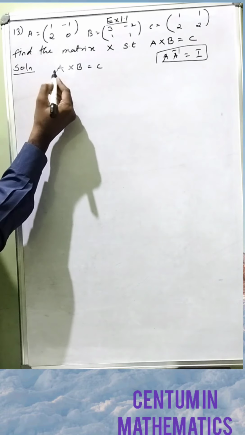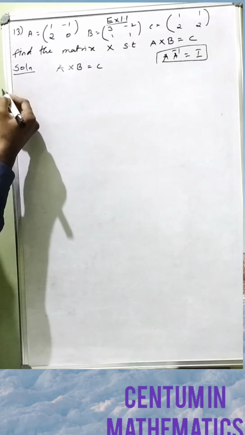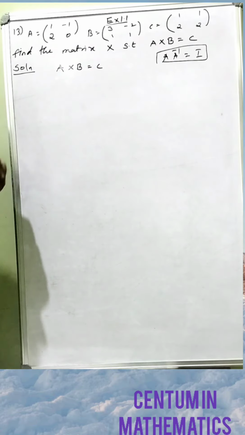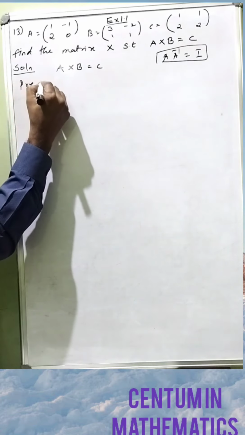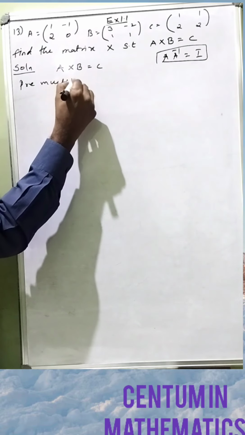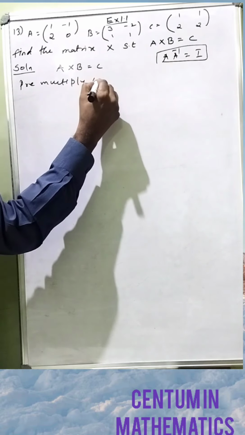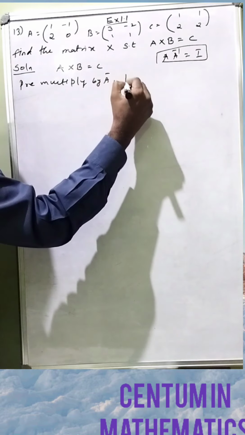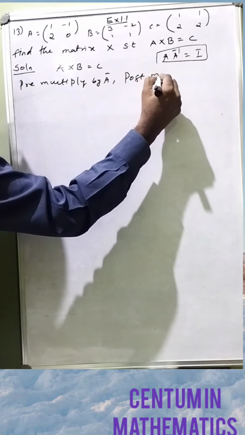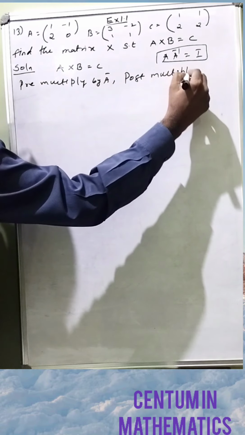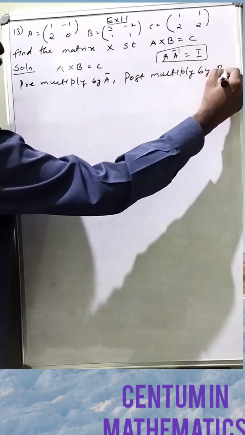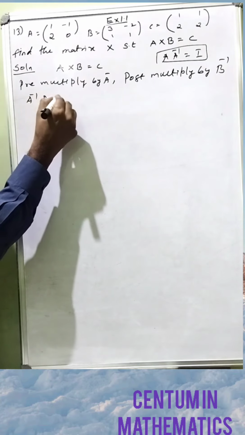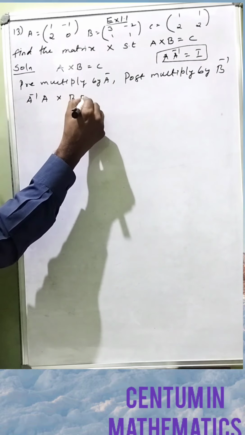For that, pre-multiply by A inverse and post multiply by B inverse. See that A inverse A X B inverse.